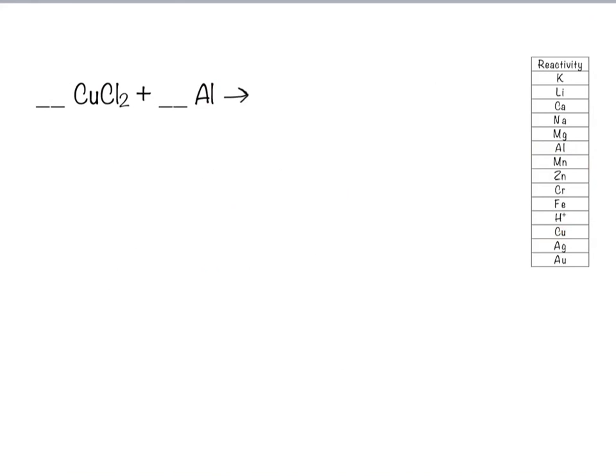So one of the compounds is going to be aluminum chloride. Because aluminum is 3 plus and chlorine is 1 minus, the formula is AlCl3, and then the copper is given off just as metallic copper. Now in order to balance this, I would need a 2 here and a 3 here, so we have 6 chlorines on both sides, and I need a 2 aluminum and 3 copper. That is the balanced formula equation.